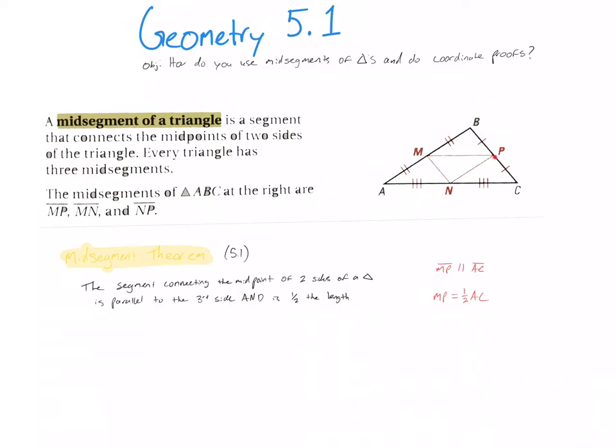So MP is half the length of AC. Which means if we wanted to add some tick marks here, MP is going to be the same thing as AN. And MN is going to be the same thing as BP or PC. And NP is going to be the same thing as AM and MB.